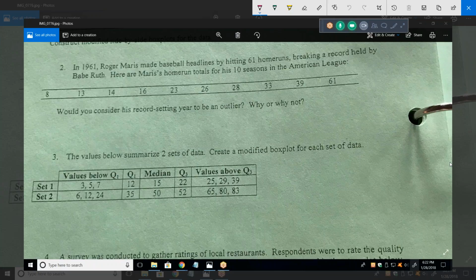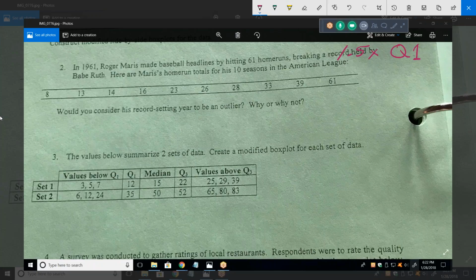So first of all, outliers have a particular definition that's kind of arbitrary. I don't really have a formal definition for it. Well, there is one: 1.5 times the first quartile.